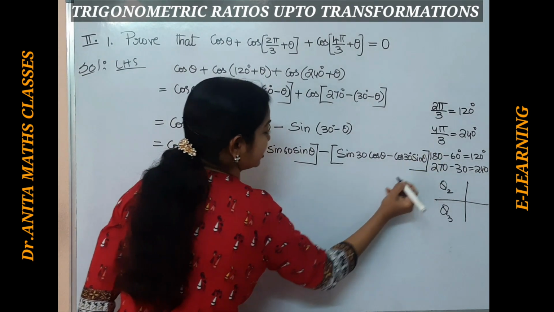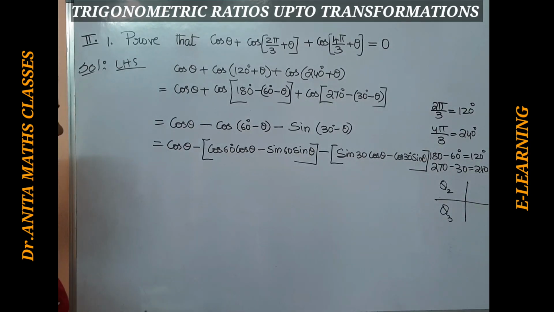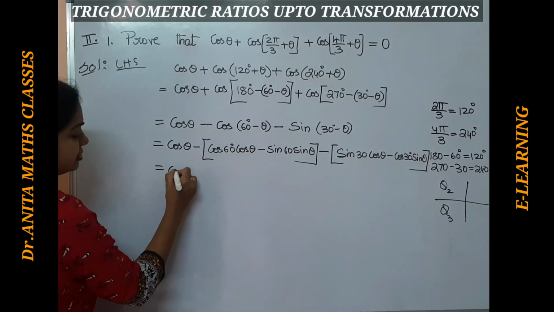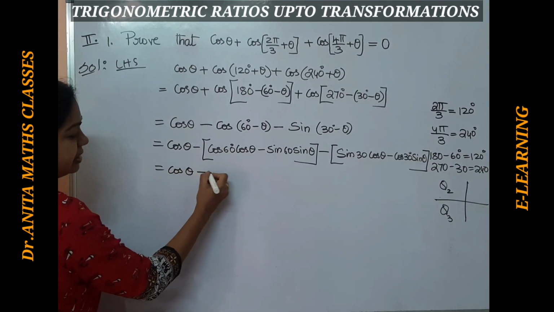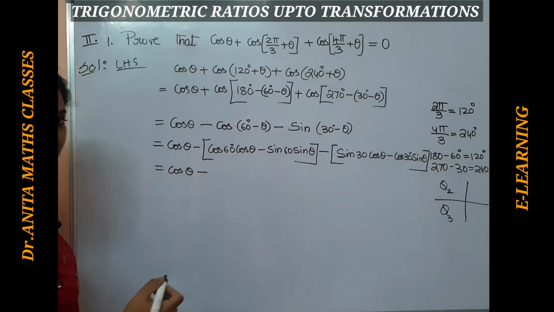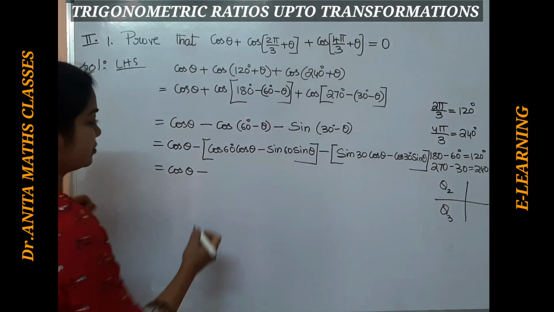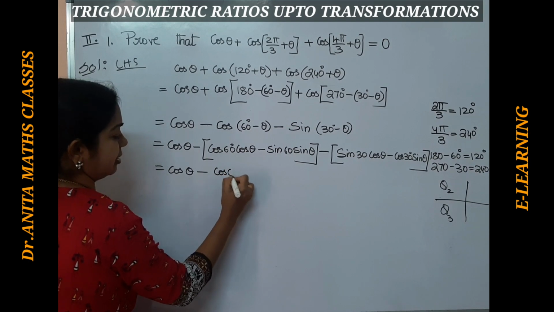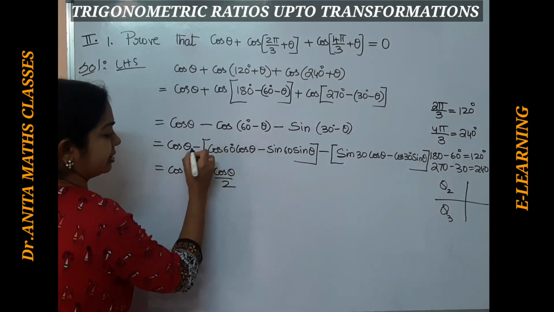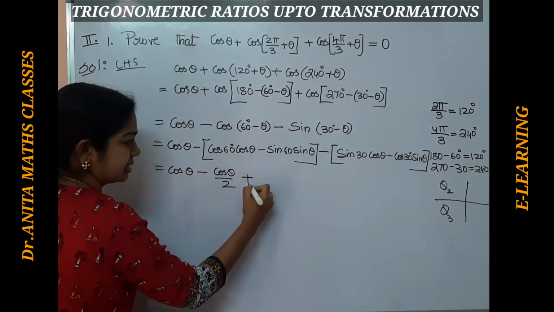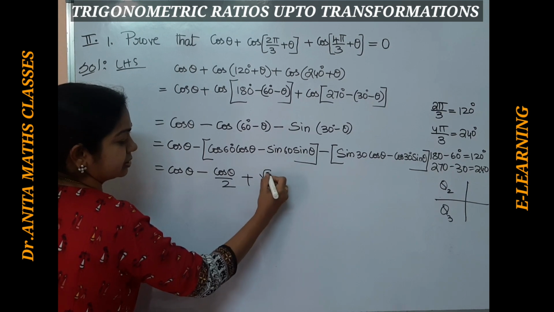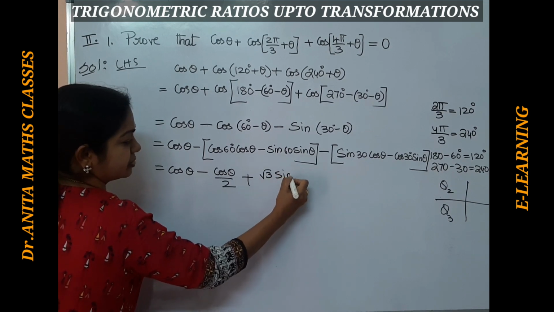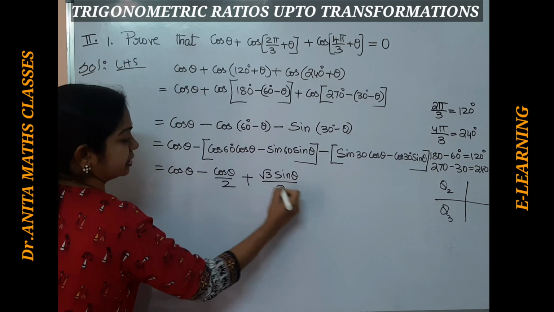This is the expansion of sine a minus b. So the known values: we will write cos theta minus, here cos 60 degrees is 1 by 2, so cos theta by 2. I am opening the bracket, minus into minus plus, sine 60 is root 3 by 2, so root 3 by 2 sine theta.